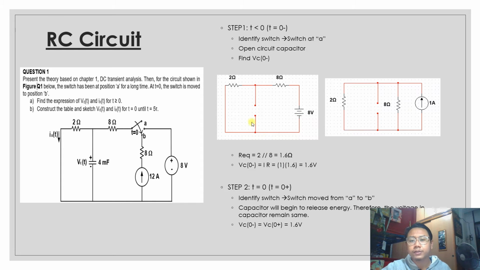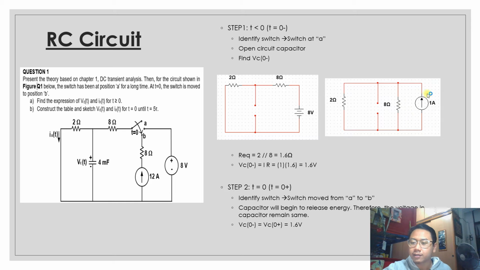So how to find VC0 negative at this open circuit capacitor? In this case, I use source transformation, with this 8 volts and this 8 ohms. After I use the source transformation, the circuit will become like this. We have 1 ampere here and also parallel with this 8 ohms.